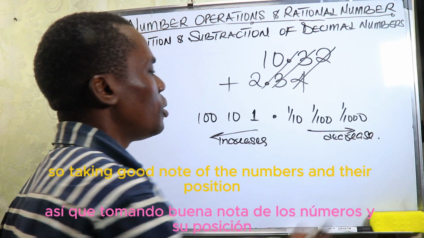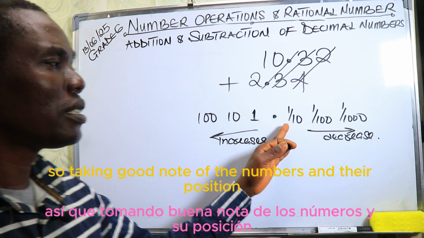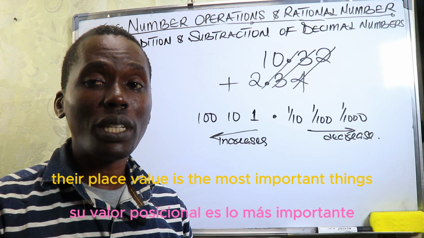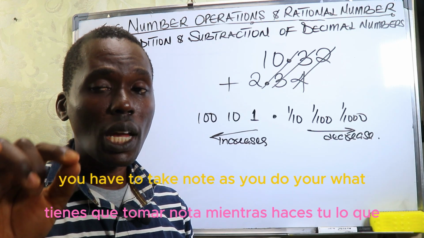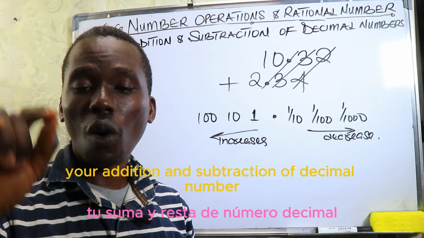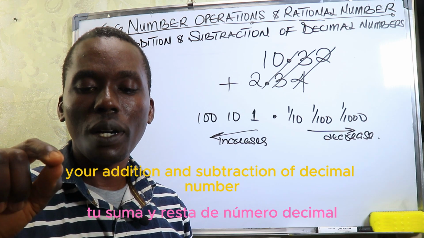So, taking good note of the numbers and their position, their place value, is the most important thing you have to take note of as you do your addition and subtraction of decimal numbers.